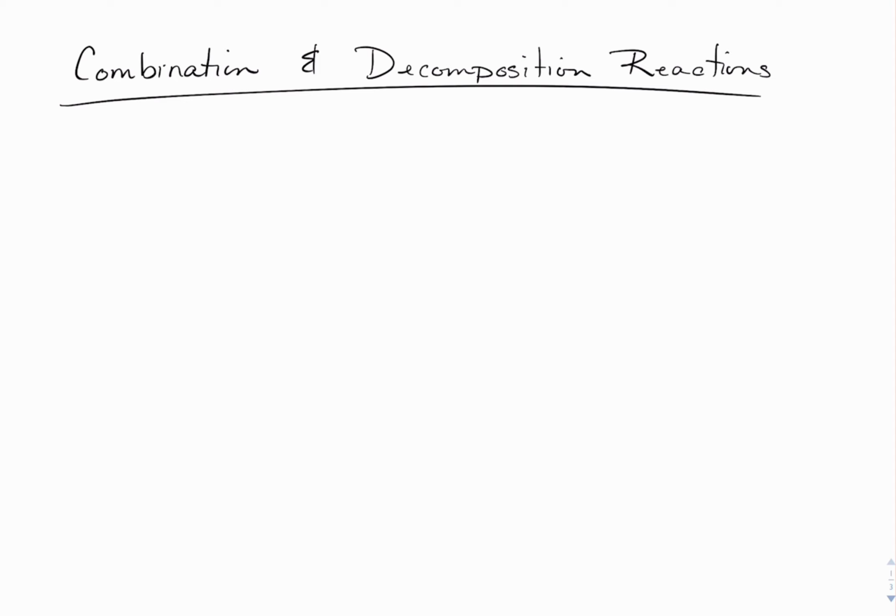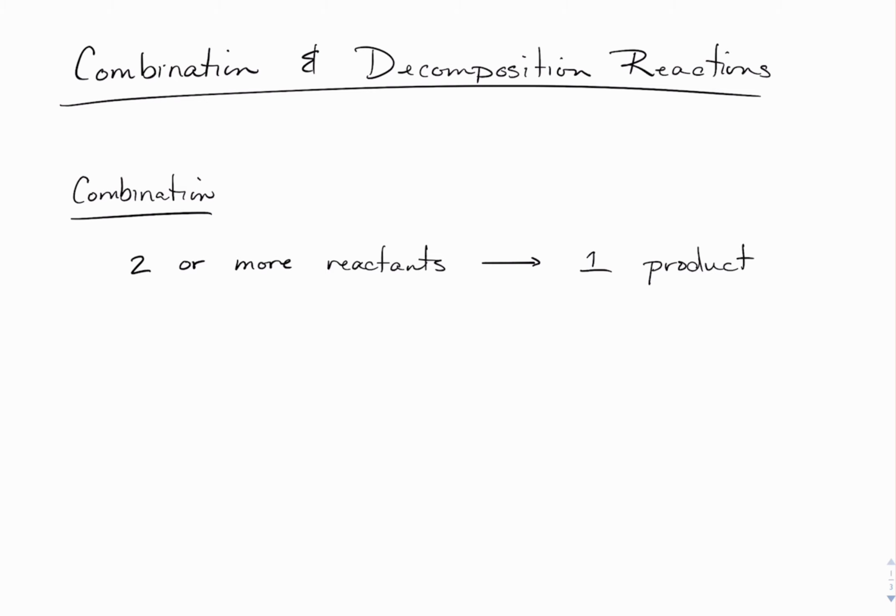About two types of chemical reactions. The first one called combination and the second one called decomposition. So a combination reaction is defined as a reaction with two or more reactants that produce only one product in the end.